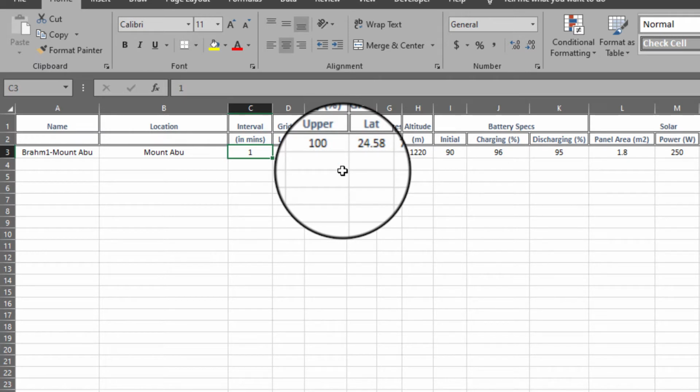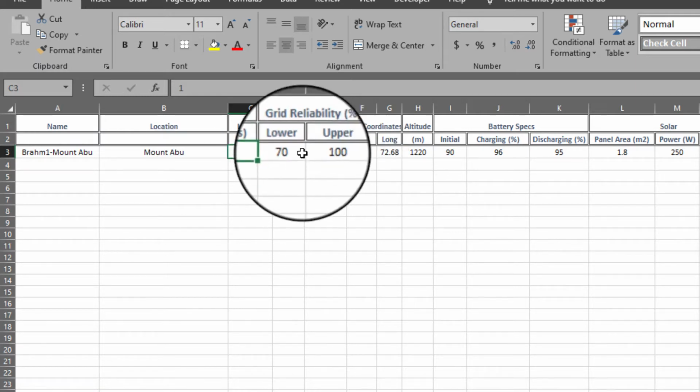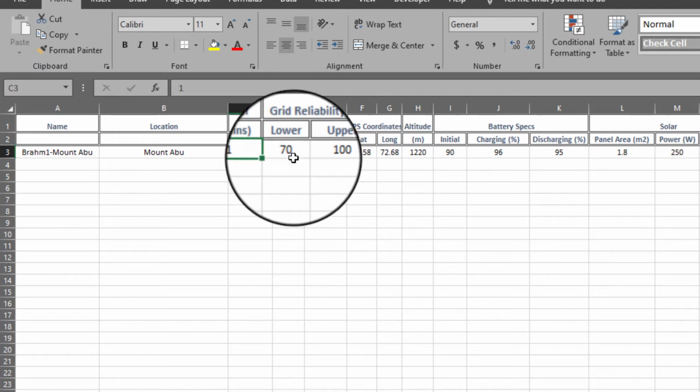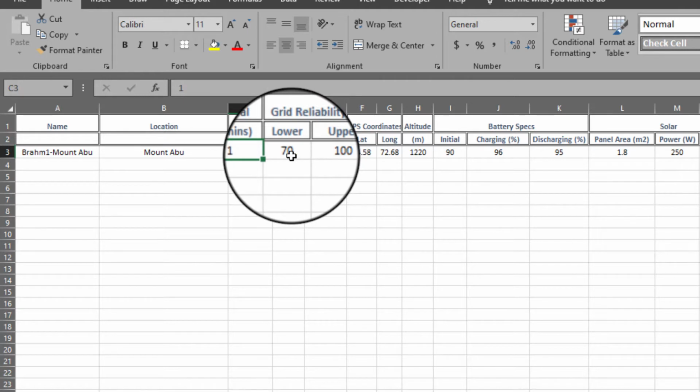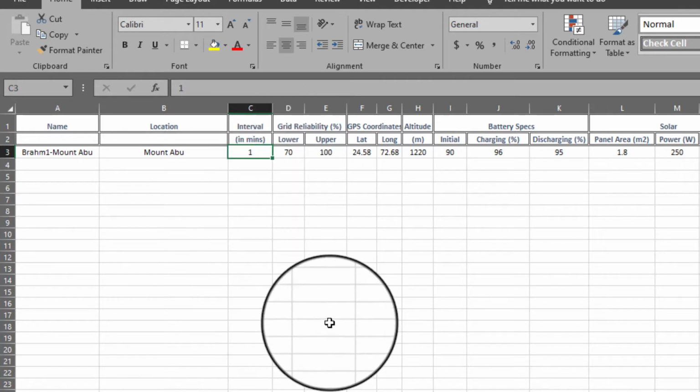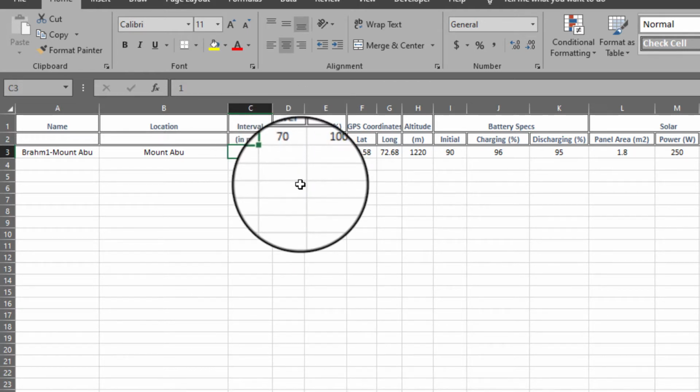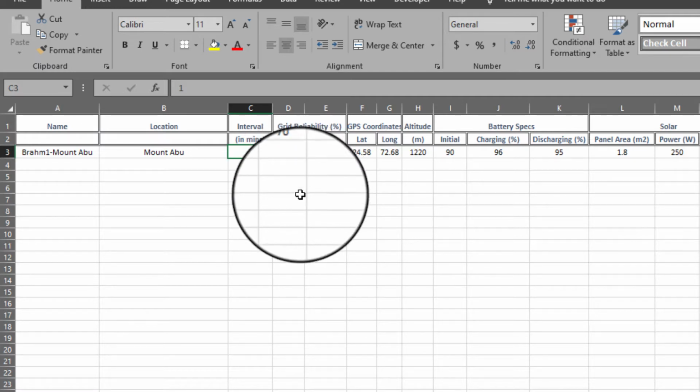If it is 100%, you don't even need a microgrid, you can completely rely on the grid. If it's 0%, it is an independent system, which we will come to later in the simulation. You can give the probability or range of reliability of your grid. Here it shows around 70 to 100%. If it comes to 100%, we will not require a microgrid.